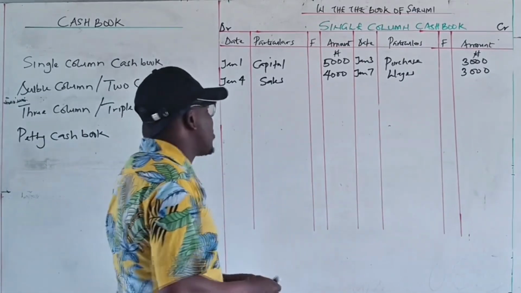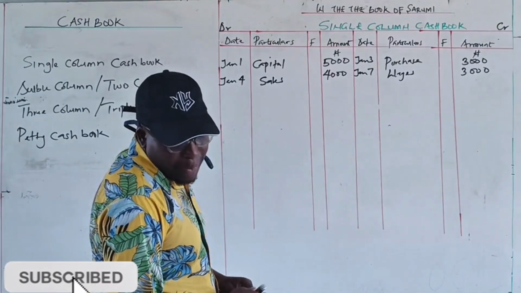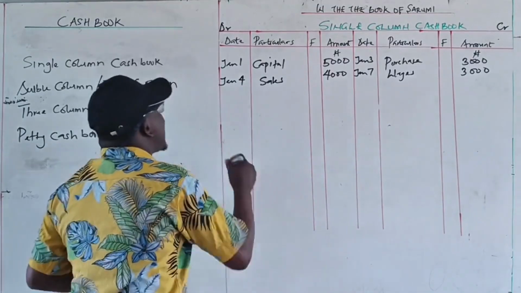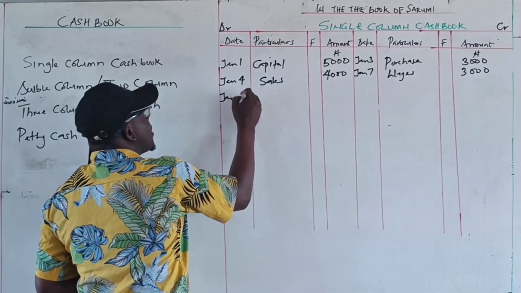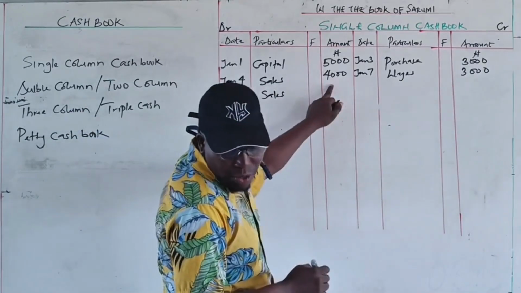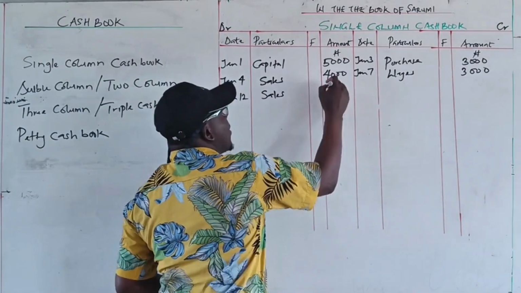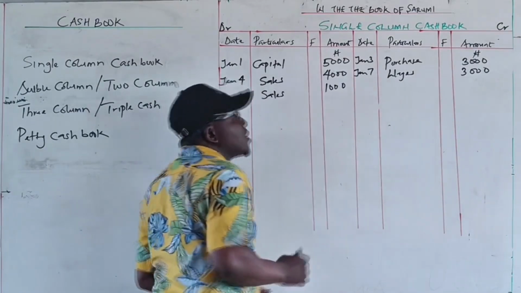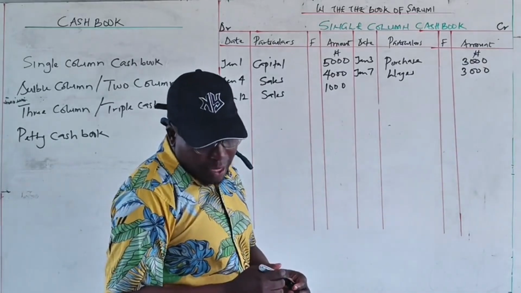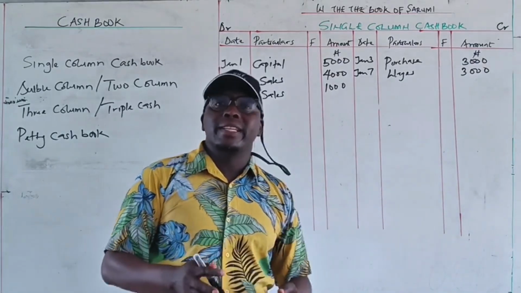That's the meaning of cash sales. So that is a receipt to the business. So we come to the debit side and write January 12, sales, under amount, which is how much? 1,000 naira.